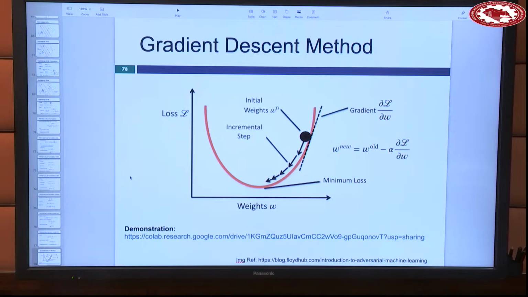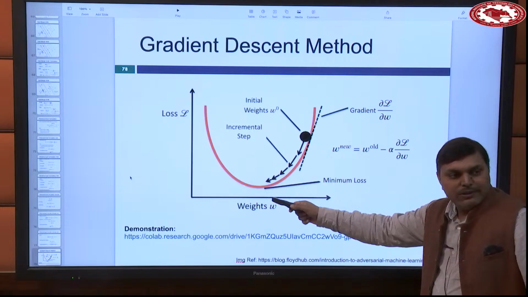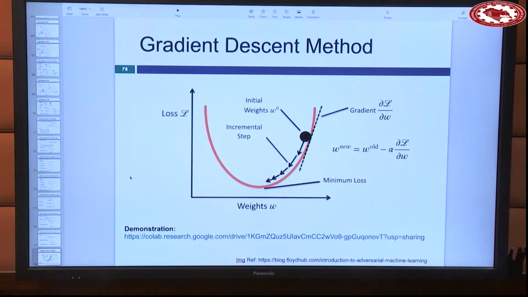So, if W naught is here, W1 will be in the direction of the minima. You are moving towards the minima. This process will keep on going until we reach a place where the gradient is 0. You know that at the minima the gradient becomes 0, that is the optimality condition.